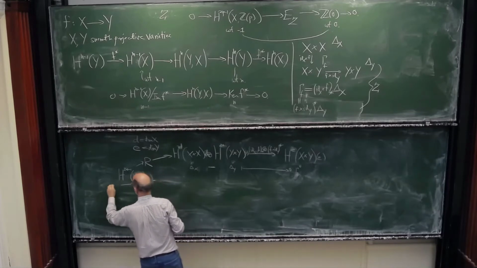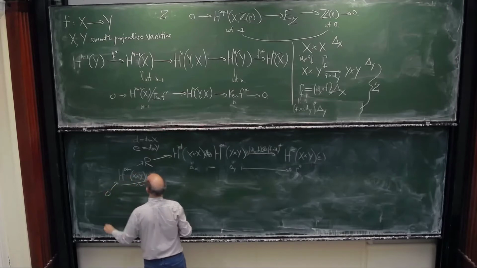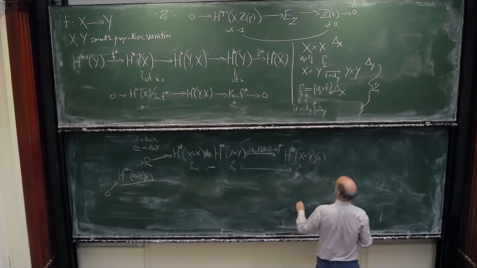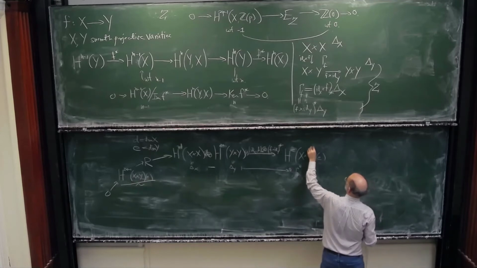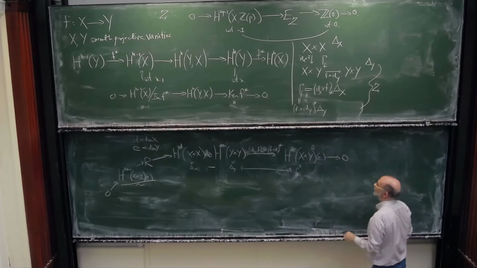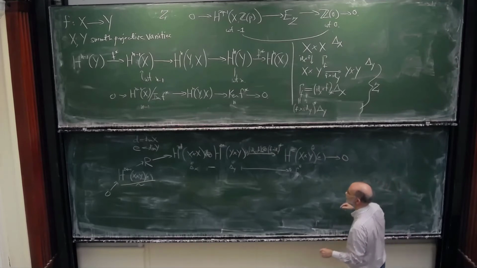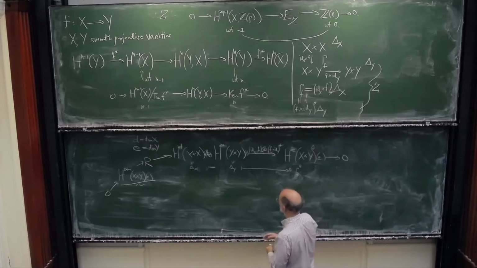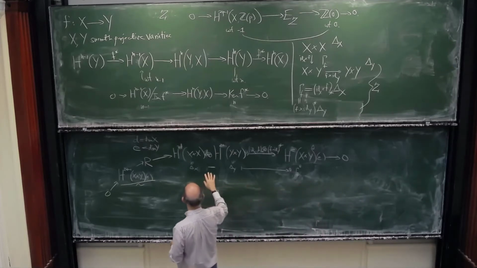I have a long exact sequence of Hodge structures, and I'll just cut it off. And similarly, I'll cut it off here by taking some sub-Hodge structure and put a 0 there and end it. No, sorry. I went too fast. That's not what I want. Sorry. I want to go one step further.